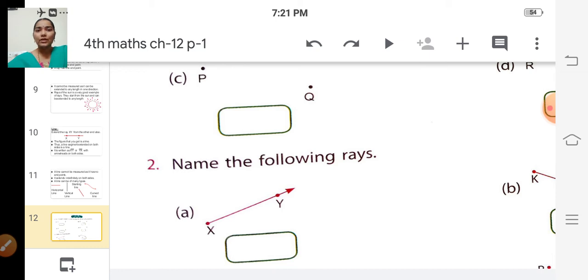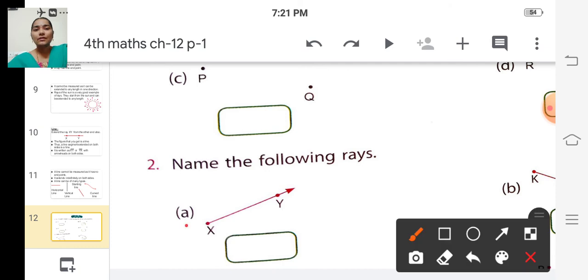How to name the rays? We write these 2 point names and put one arrow mark above them. First one, XY ray. So we write X, Y, and put one arrow mark above XY.